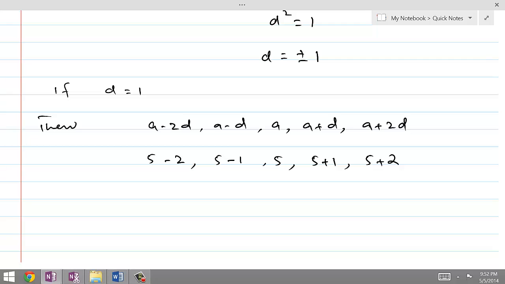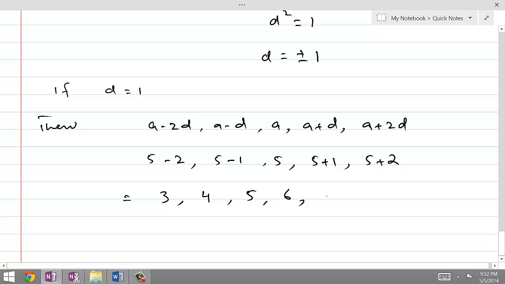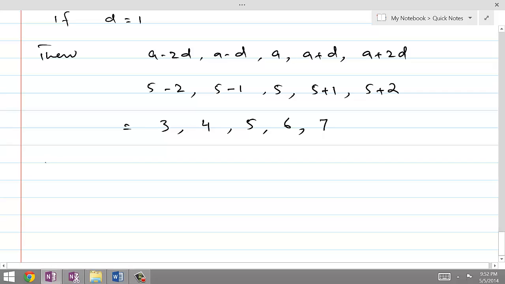Because if we substitute a is equal to 5 and d is equal to 1, this is what we get. So this would be 3, 4, 5, 6, and 7. If you take their sum, that should be 25, and if you take the sum of their squares, that would be 135.